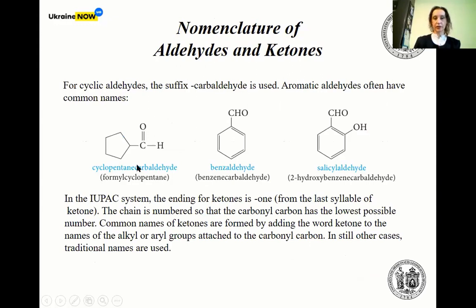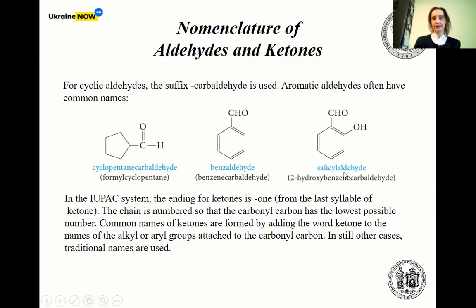cycles in the molecule. Here is a saturated cycle, so it is an alicyclic compound. And if we have such a molecule, the aldehyde group is named in the suffix as carbaldehyde. If we have an aromatic ring, a benzene ring with an attached aldehyde group, it has a specific name, benzaldehyde, and this name is used in IUPAC.